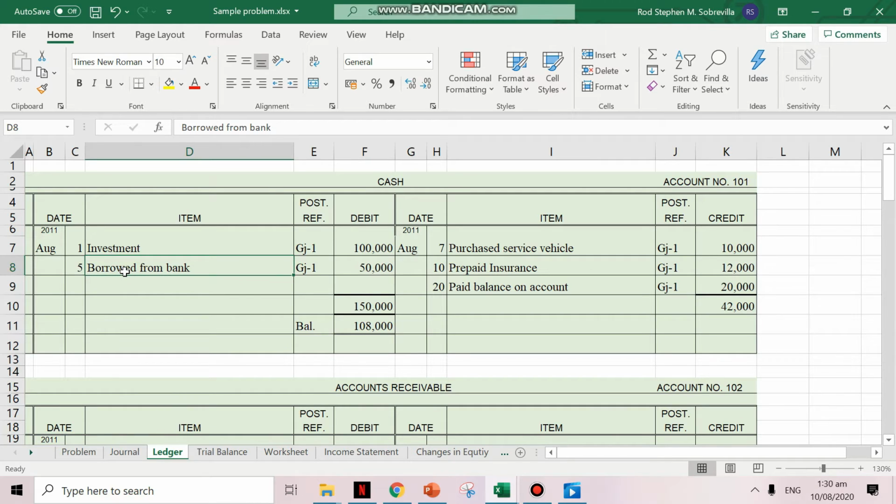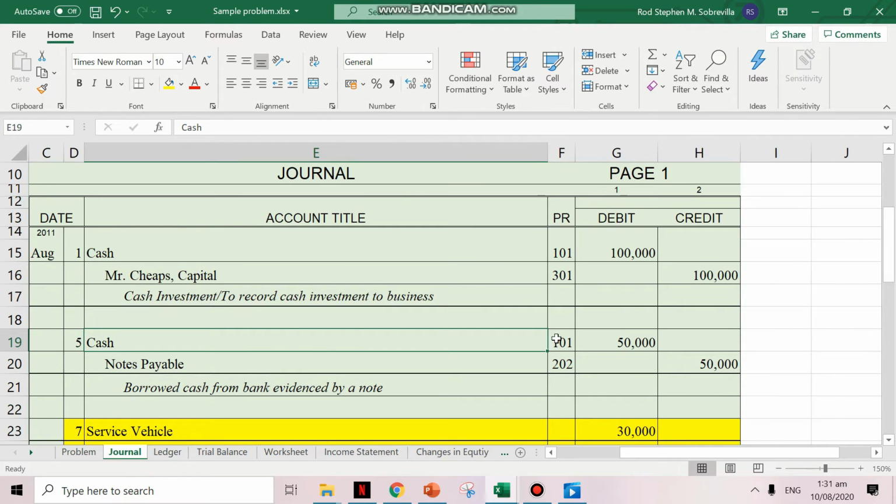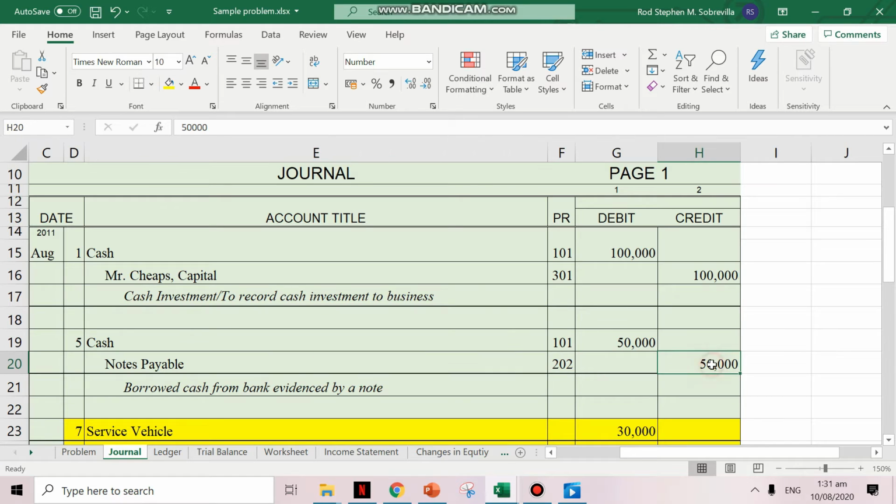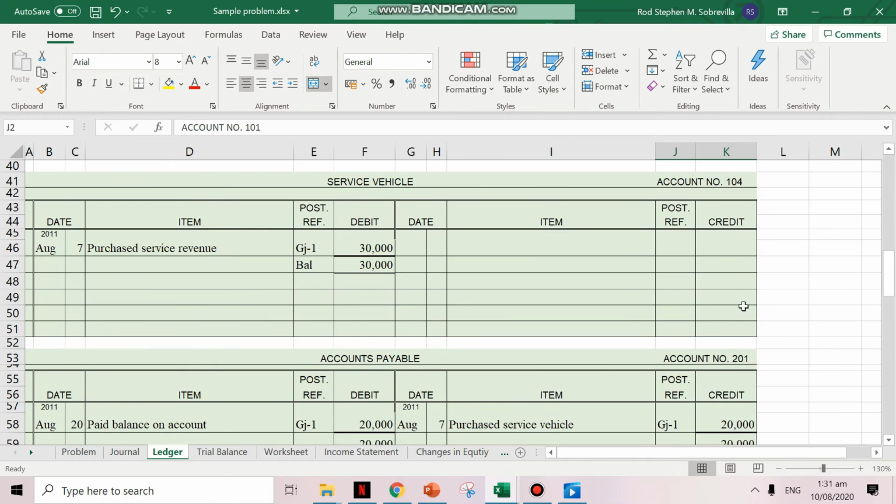Borrowed from bank. So, simple lang. And then, amount. And then, kung saan galing. And then, anong account number. Ibalik natin siya doon. Posted na siya. And then, notes payable. Pang ilan ulit yung notes payable? Pang 202. So, post natin yan, 50,000. So, 202.